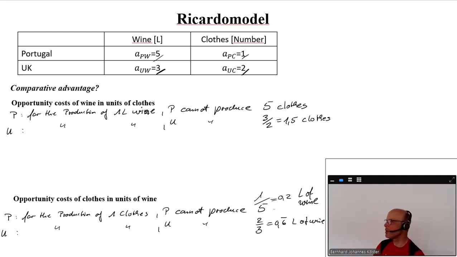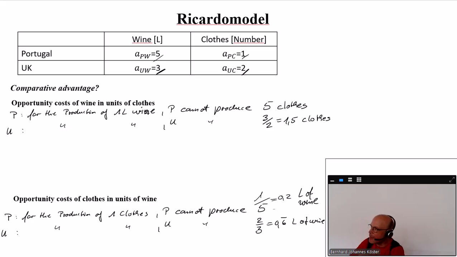Because quite often, if I pose a question in an exam and say, here are your coefficients, then the students just say, well, it was just the relative number, and quite often they take the wrong relation. And what shall I do then? Because then I can only read what you have written. Have you understood the model, or haven't you understood the model? So please be careful using this.